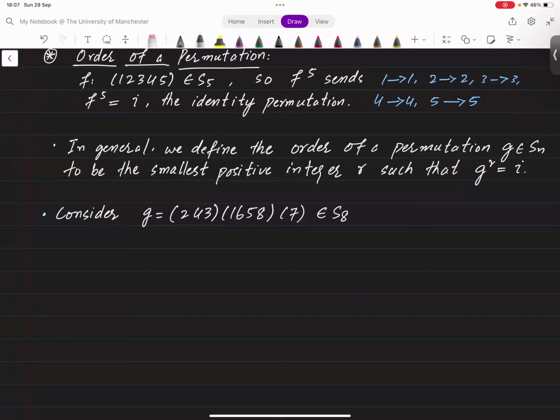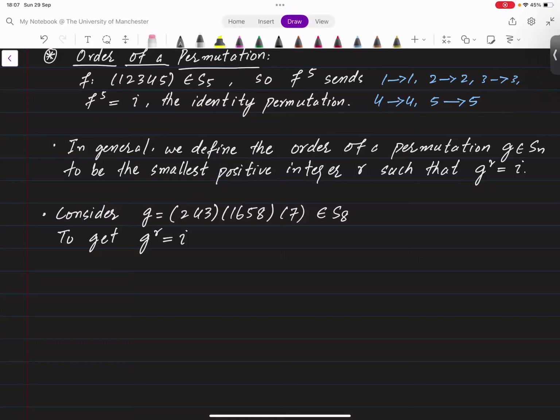Now, to raise G to power R and get G power R equal to I, we have to make R a multiple of 3 to kill off the 3-cycle, and also a multiple of 4 to kill off the 4-cycle.